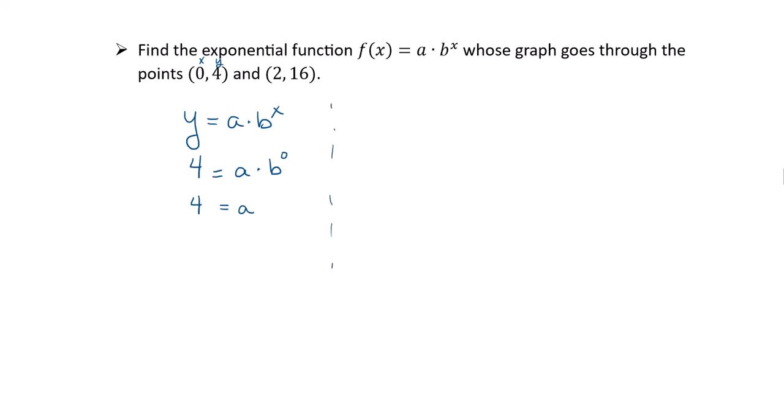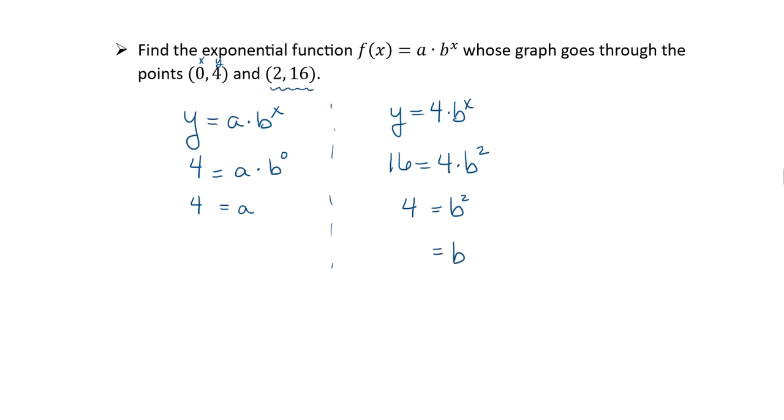Next step. Let's rewrite our model. It's y equals a, which we found is 4, times b to the x. I still need to find out what b is, but I have another point I can use. This will be 4 times b to the x of 2 will give me a y of 16. Let's divide both sides by 4, trying to solve for b, and then I take the square root.